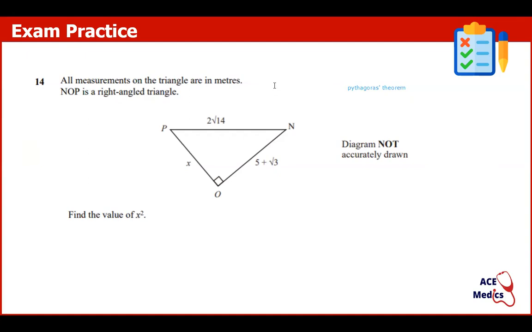So what is the value of x squared? I'll wait till a few of you have popped your answers in the chat and then we'll go through it.